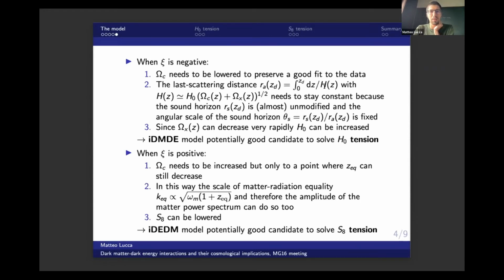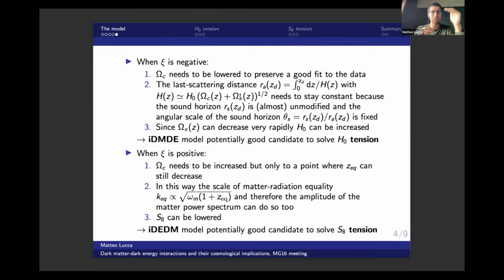And the last scattering distance can be defined as in this equation. And the key function here to have a look at is the Hubble rate at late times, which can be defined in this way. And as we said, you can kind of correct for omega dark matter by decreasing the value today. But still, if you have a high interaction rate, the dark matter energy density is going to decrease very quickly.